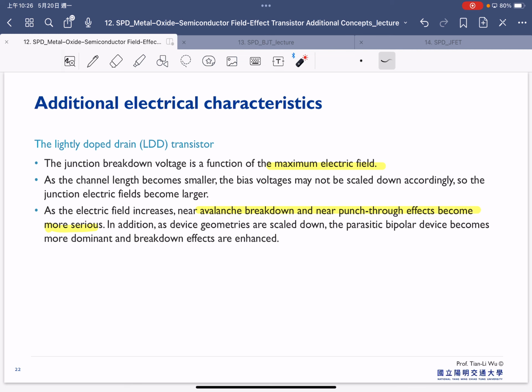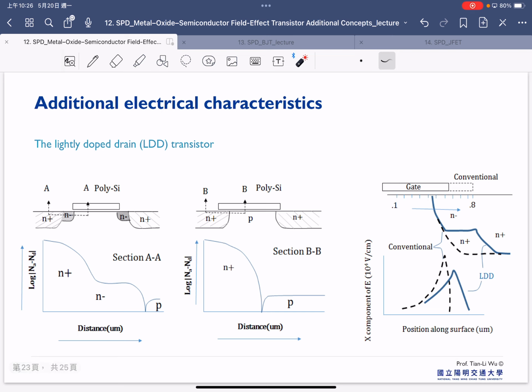One thing we use very often is called the lightly doped drain, which means that we design an N minus region in the drain side or source side, and that we call an LDD. This LDD is very widely used in semiconductor devices because it is very effective at reducing the peak electric field in the drain side.